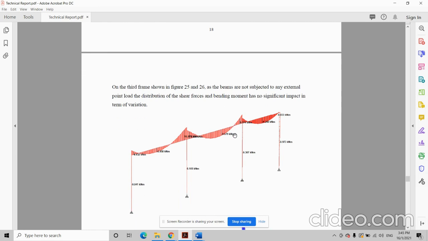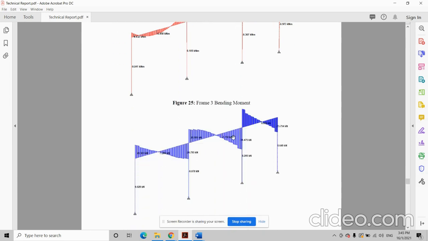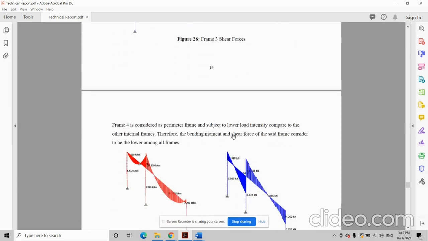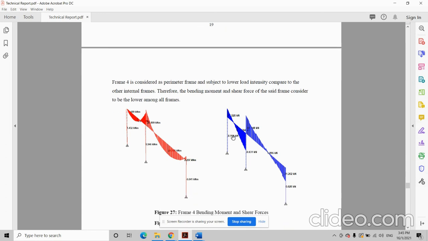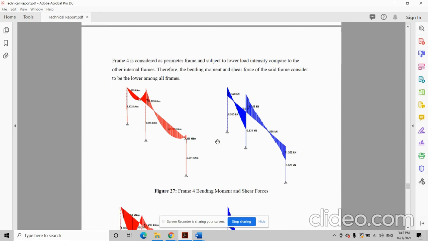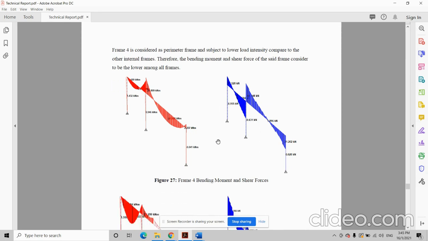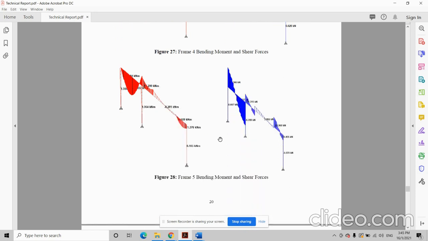The distribution of shear forces and bending moment has no significant variations. Frame 4 is considered a perimeter frame and is subject to lower load intensity compared to the other internal frames. Therefore, the bending moment and shear forces of the said frame are considered to be the lowest among all frames.